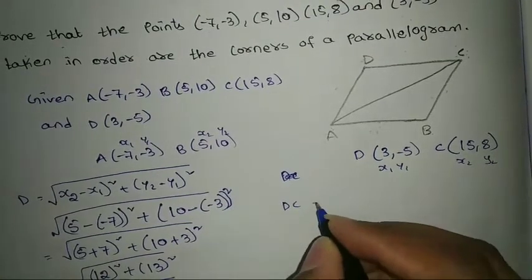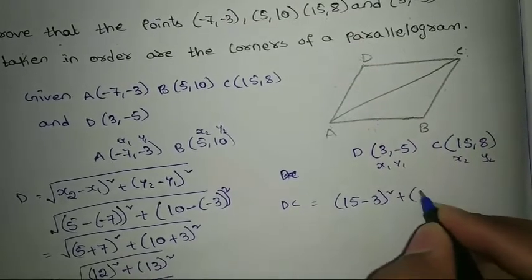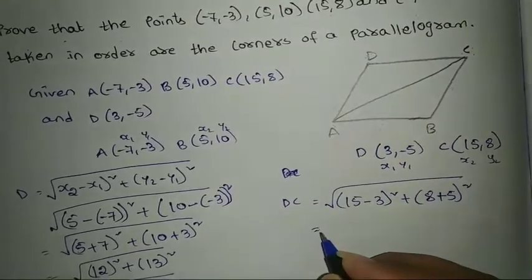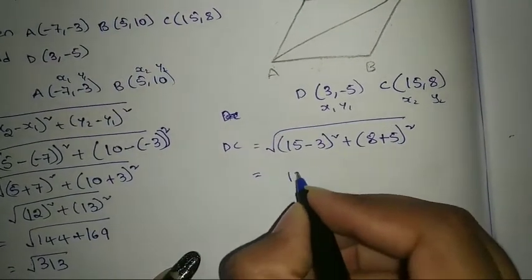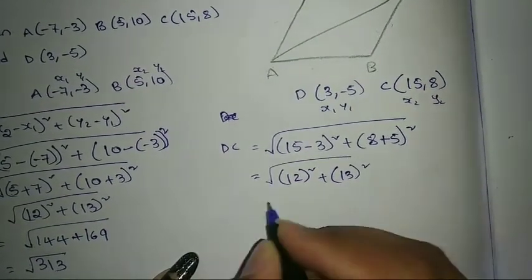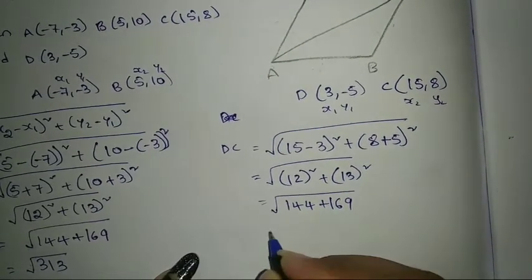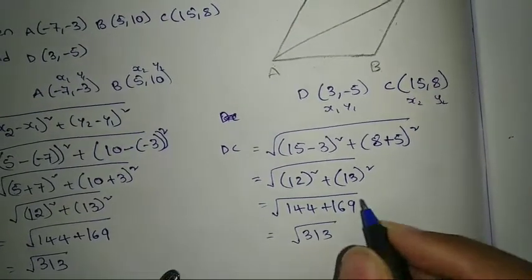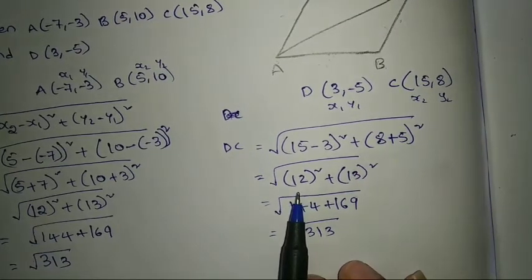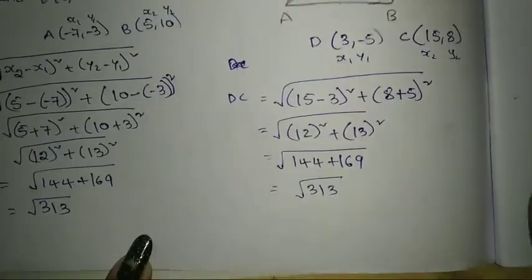Substitute in distance formula. 15 minus 3 whole square plus 8 minus of minus 5 whole square. 15 minus 3 is 12 whole square plus 8 plus 5 is 13 whole square. 12 into 12 144 plus 13 into 13 169. Root of 313. Okay, so here AB distance is equals to DC distance because we got the same values.